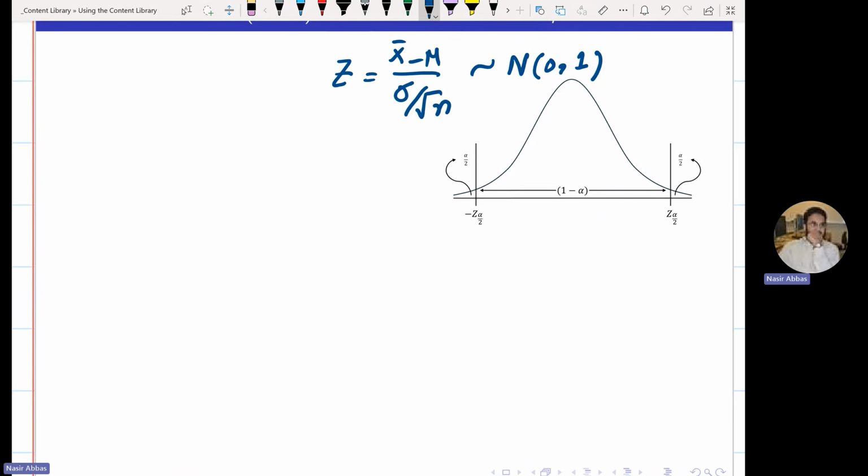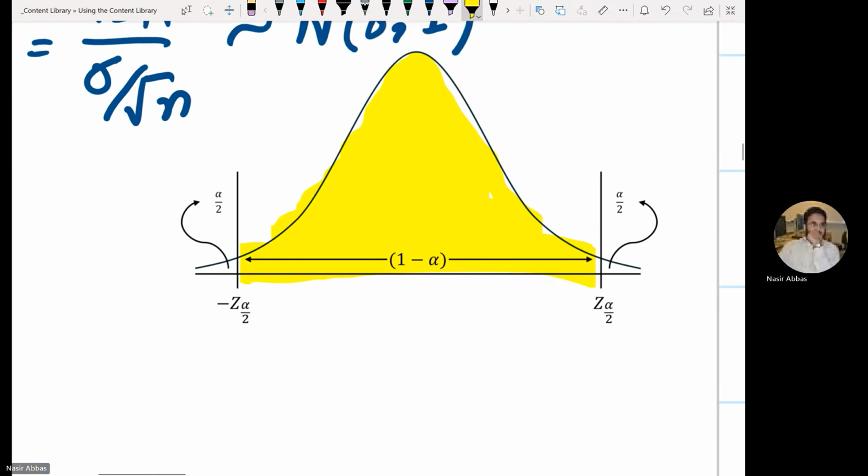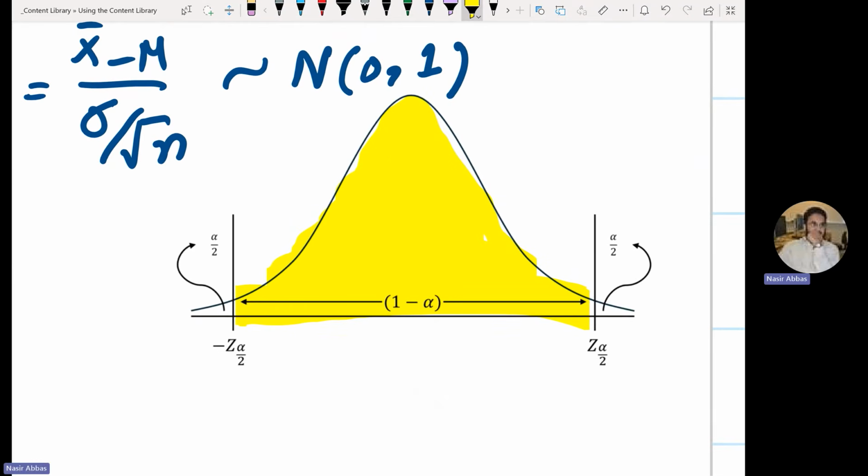Right? Now here is a z distribution displayed on the screen. Can all of you see the z distribution? For this z distribution, I define 2 symmetric points, such that the area under the curve between these 2 symmetric points is 1 minus alpha. So the area outside these points is alpha. Half of that alpha is on the left side, half of that alpha is on the right side. Is it visible?